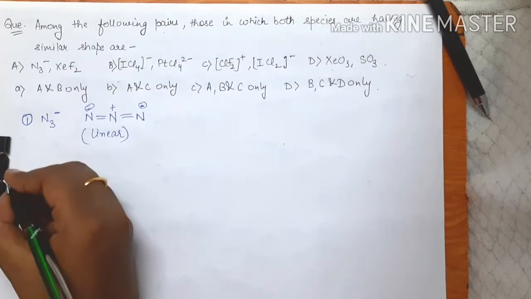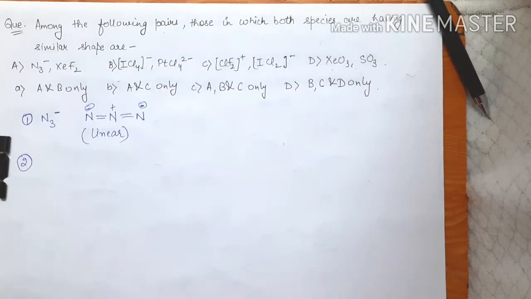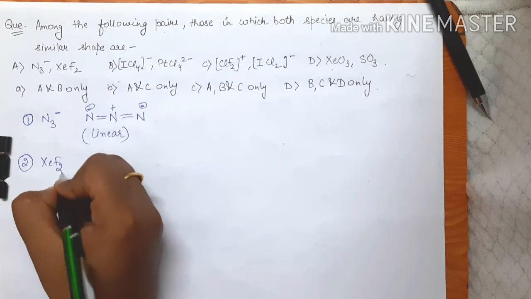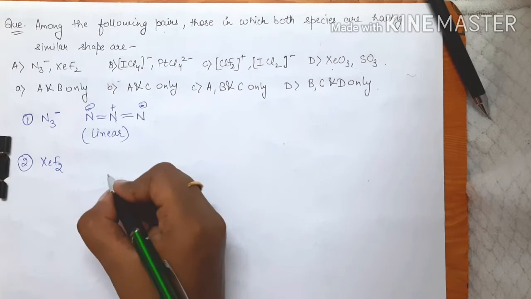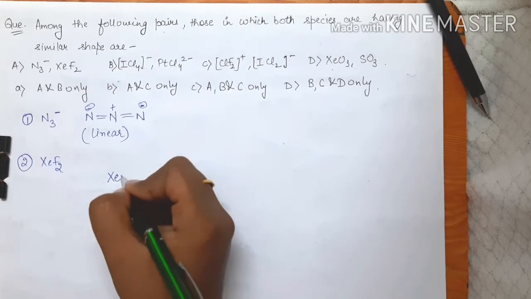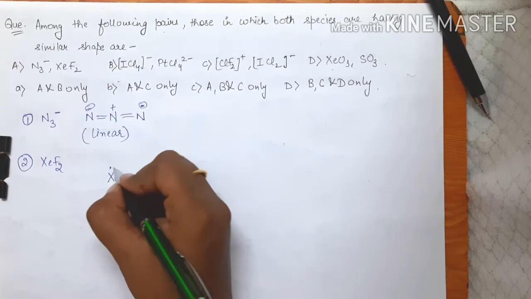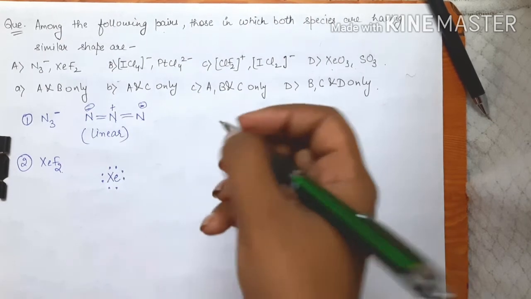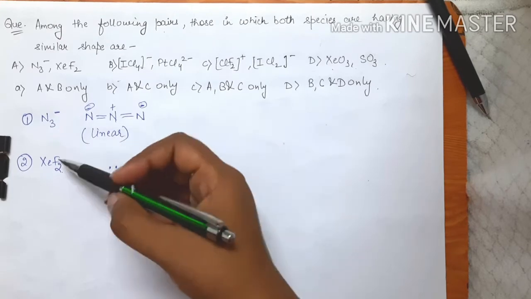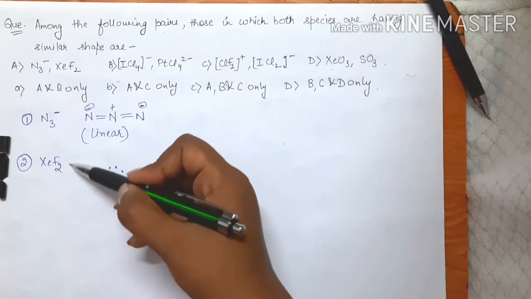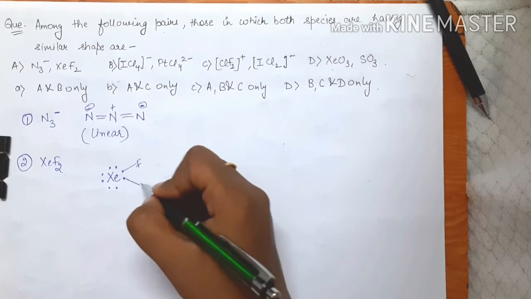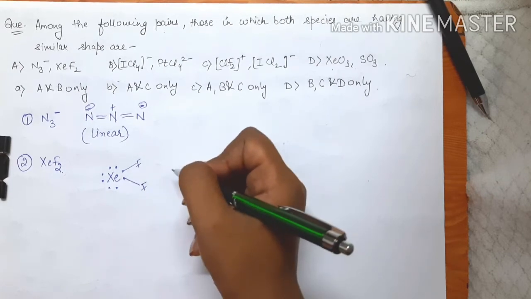Now moving on to the second molecule, which is XeF2. Here the central atom will be xenon. This will be having 8 electrons in the valence shell because it is a noble gas atom. Now xenon is attached with two fluorines. Fluorine is a halogen and is univalent, so it will be attached to xenon like this.